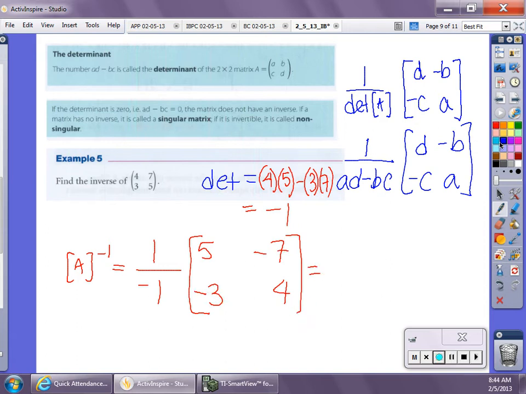So I'm multiplying by -1, and I believe we get -5, 7, 3, -4. So you have to be able to find the determinant of a 2x2, find the inverse of a 2x2, and then use it. Okay? So the next problem will be us solving a system of equations using matrices.